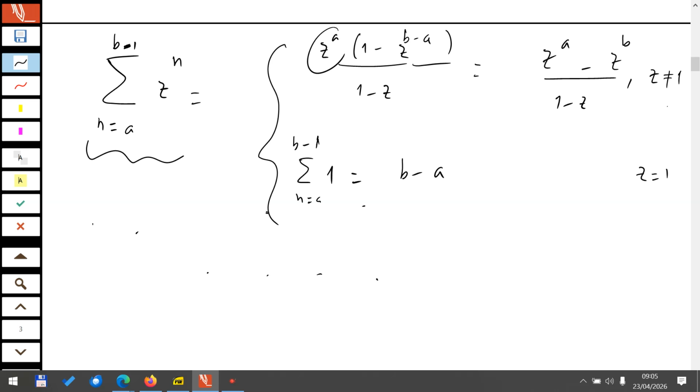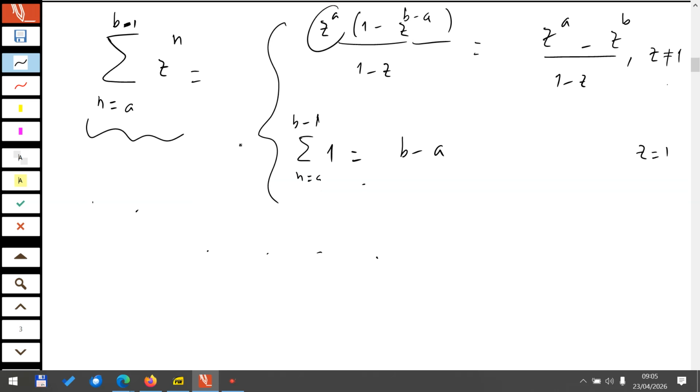Now, both of these formulas are only valid when b is, now you need a condition. So now you have another condition on top of this. I will say that this formula only makes sense when a is, what is the relationship between a and b? Let me write b minus 1 here.